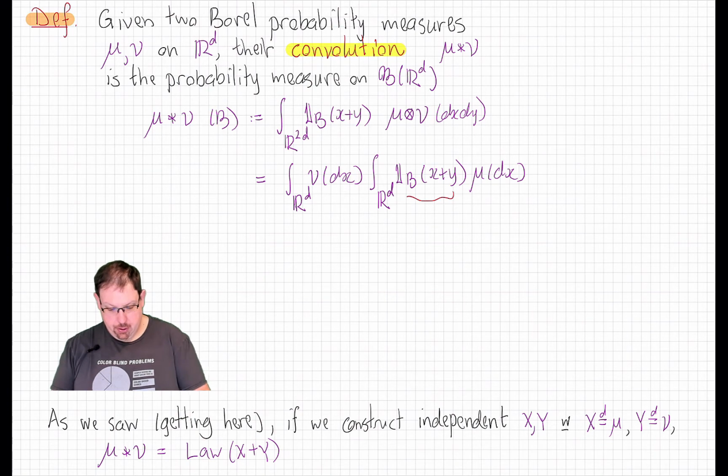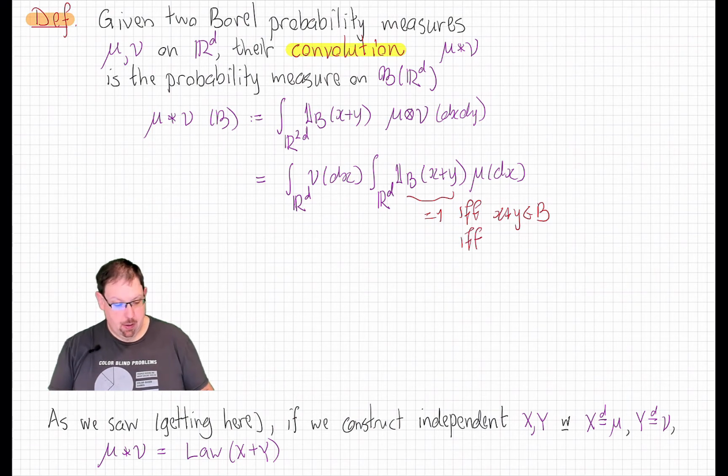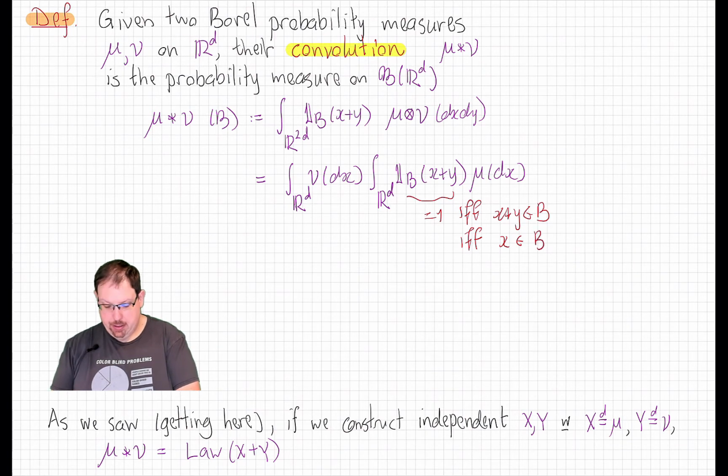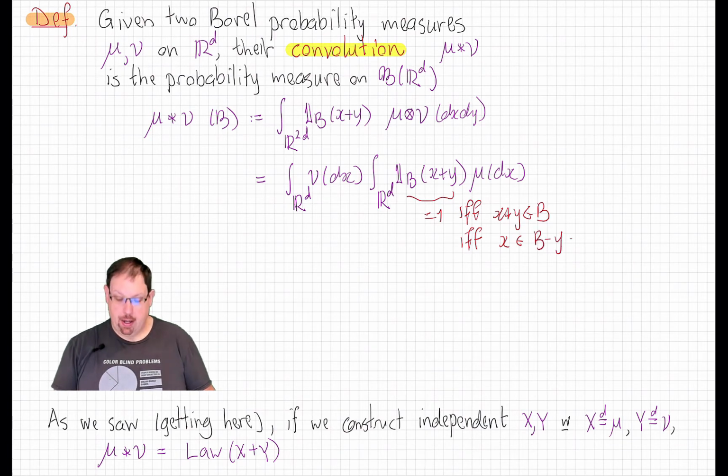This indicator function here is equal to 1 if and only if x plus y is in B and 0 otherwise. So we can write that as being 1 if and only if x is in the translated Borel set B minus y.